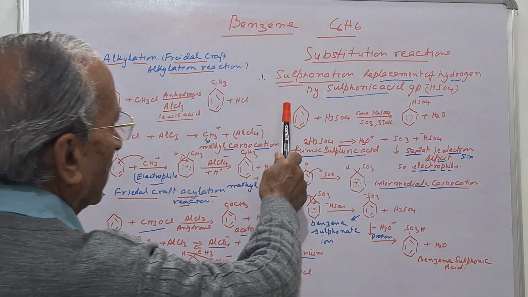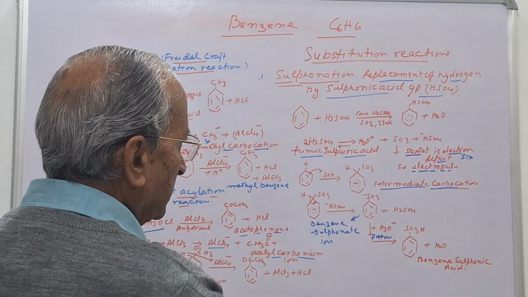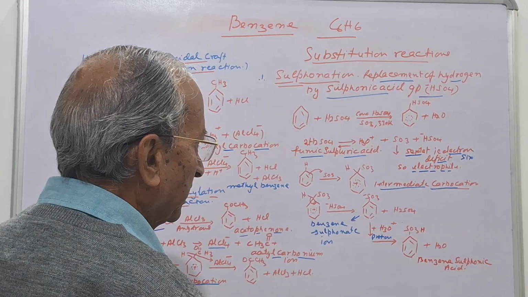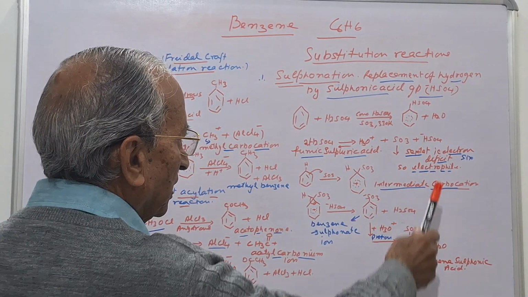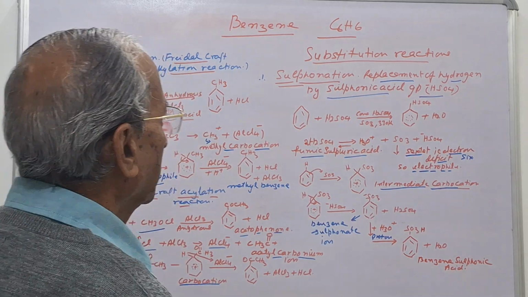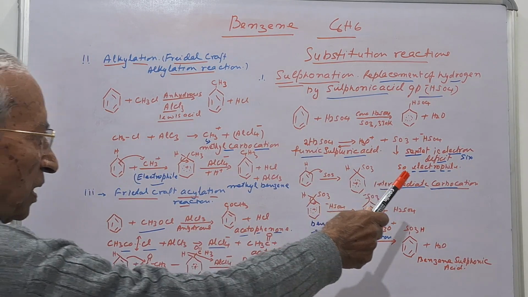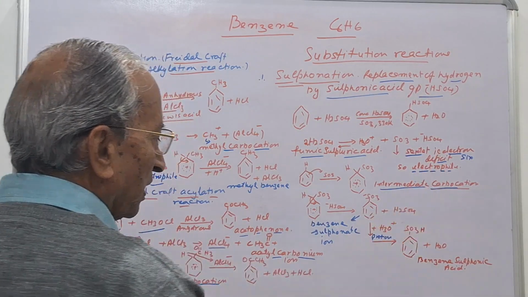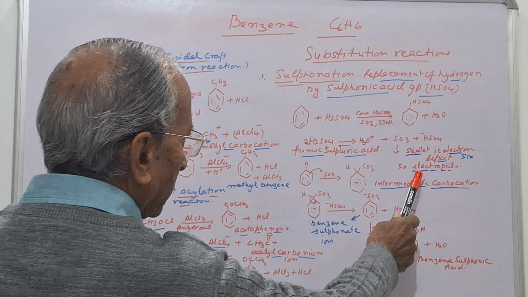This is how the reaction takes place with fuming acid, and here the electrophile is SO3, which is electron deficient in nature. So actually, what happens in this substitution reaction is electrophilic, that is the important thing, because all these reactions are electrophilic reactions.